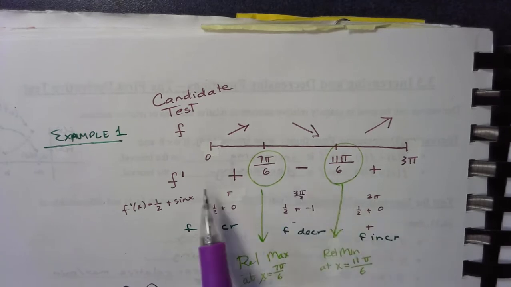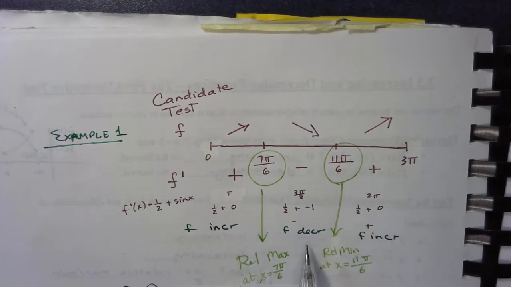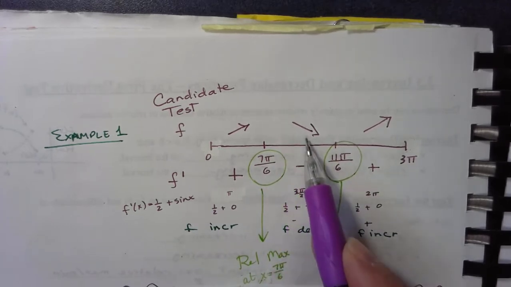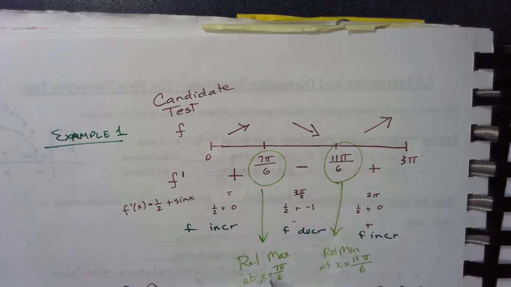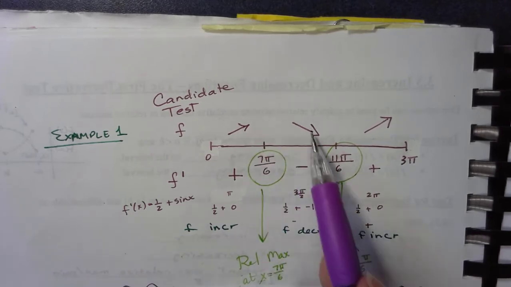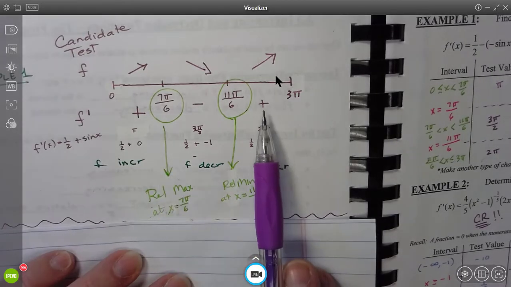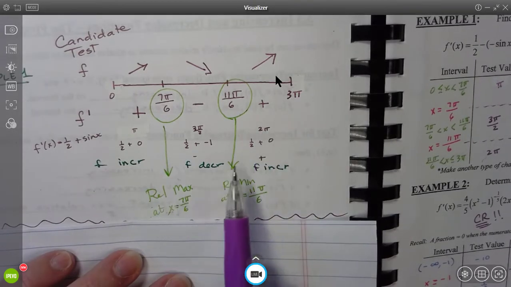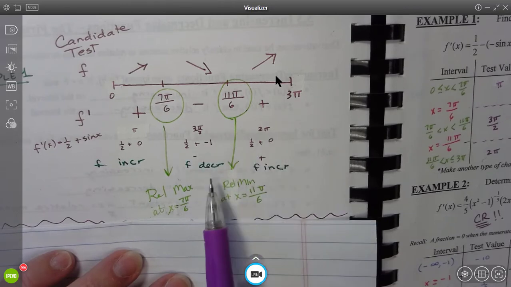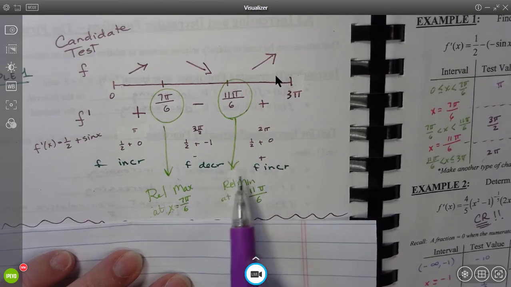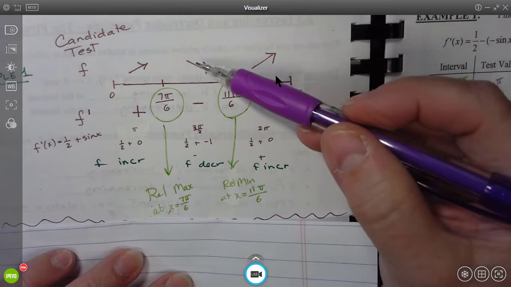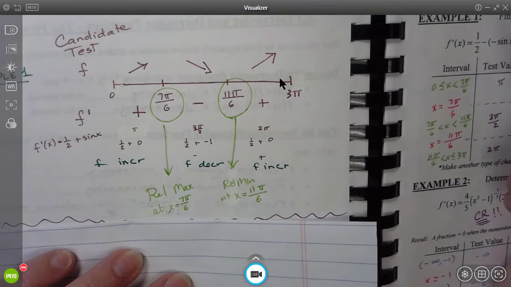Then we had the first derivative negative, so we concluded f is decreasing, and I can draw that arrow down, and that's why at 7 pi over 6, I can see we have a relative maximum. And at 2 pi, we see our first derivative is positive, so f went from negative to positive, decreasing to increasing, so we have a relative minimum, and you can see a general shape of the graph.